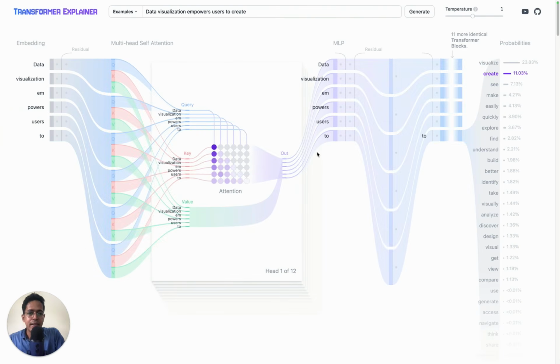Meaning, for predicting the next word, data, visualization, M, powers, and users are not used. Only this 2 is used. So that's why here you see only 2 is mentioned. So 2 is used to create the output probability distribution from which you can pick the next word.